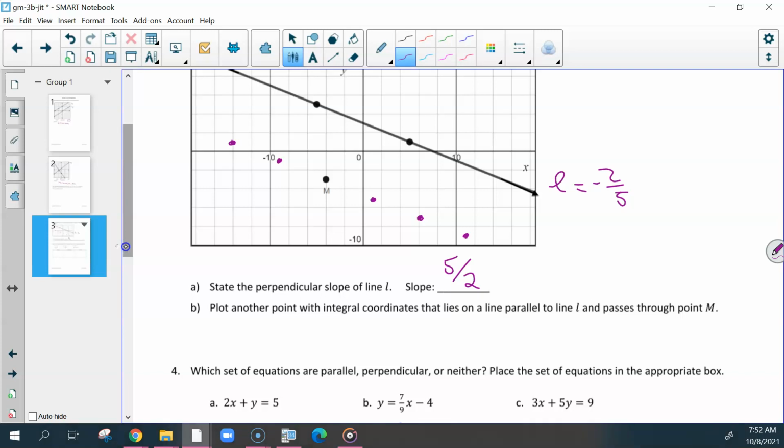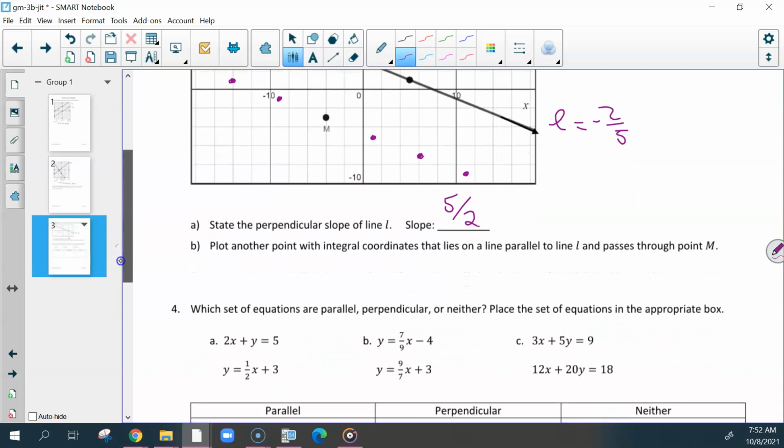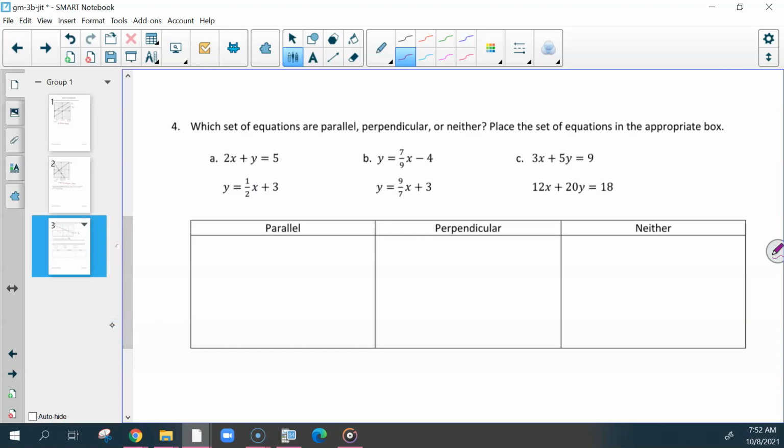Do we have questions on any of the ones we've done so far before we continue? For number 4, it's asking which of these sets are parallel, perpendicular, or neither. So you needed to solve some of these to see that. Well, B, I can tell already that these aren't the same, and they're reciprocals, but they're not negative reciprocals.